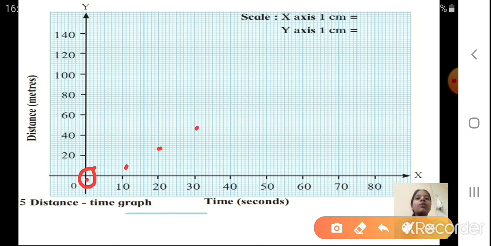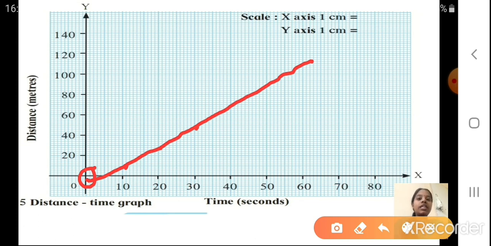So like this the car went on covering distances. When I plot all the points and draw the line from the origin, I am going to get it in this way. I am showing you on this video, but when you do it on paper you will get it very clearly. So like this you are going to get a straight line, which is going to pass through your origin.